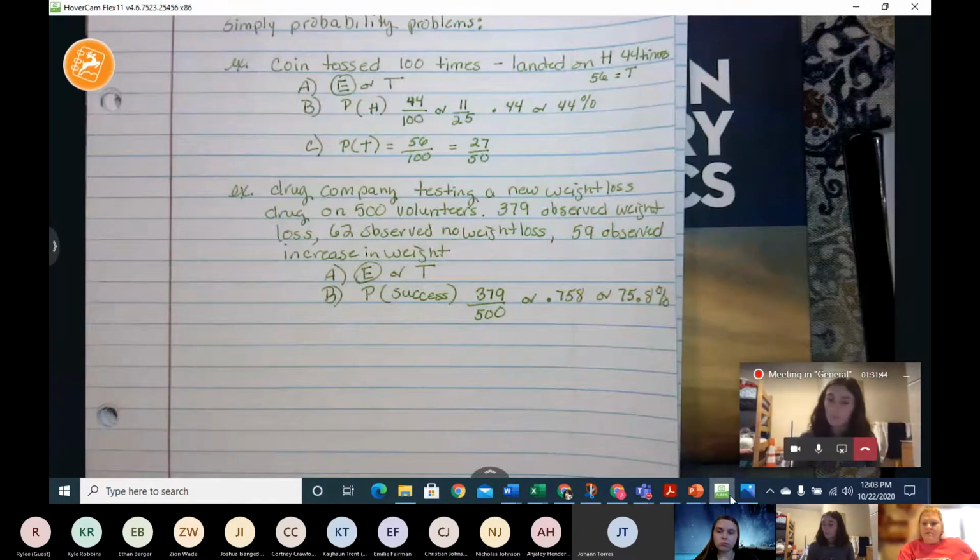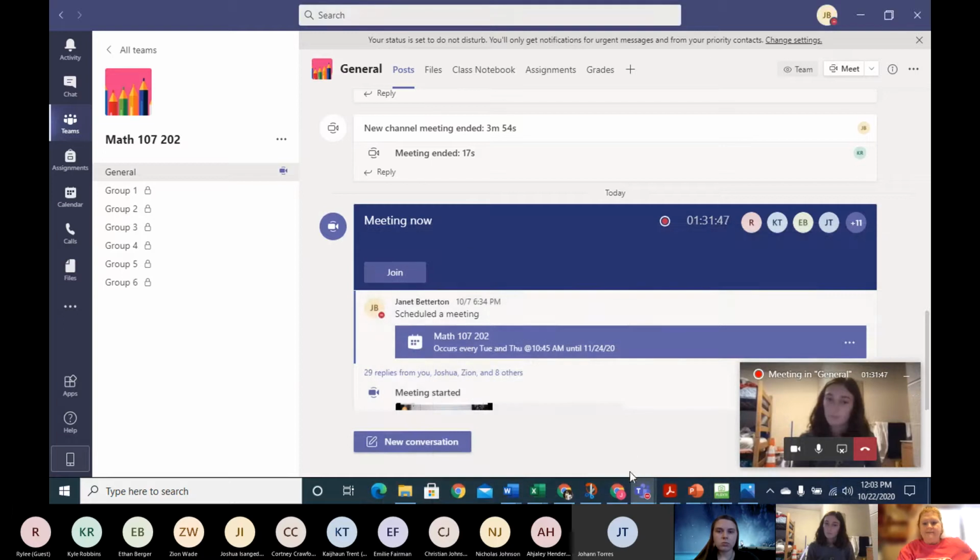It is not showing my screen. Can't get it back to that.